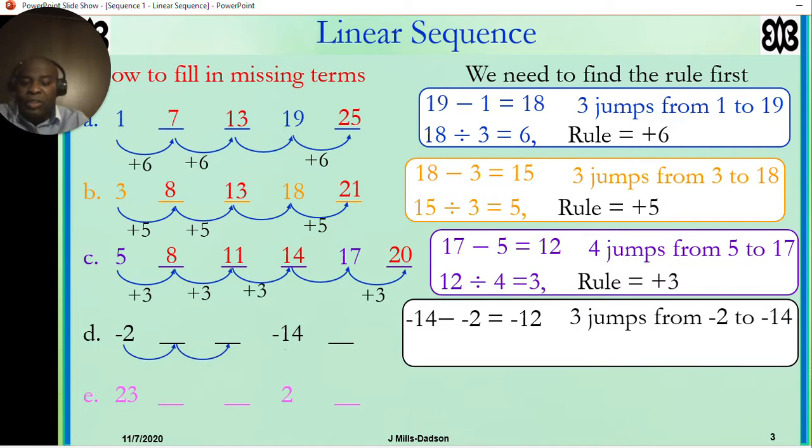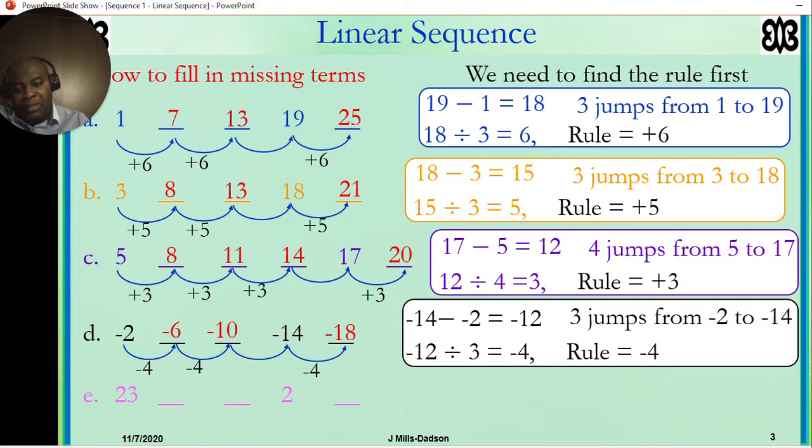Number of jumps, 3. Negative 12 divided by 3 is negative 4. So that means the rule is subtract 4 each time. We're going to have the missing terms negative 6, negative 10, negative 18.